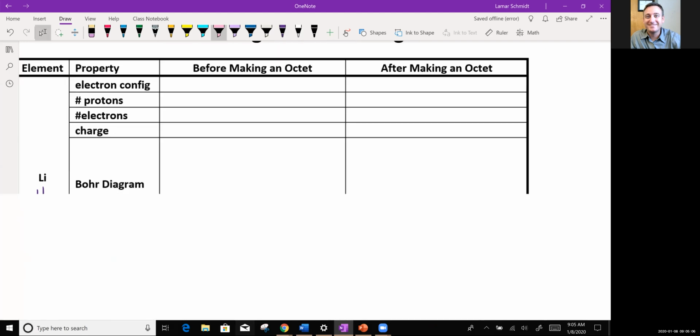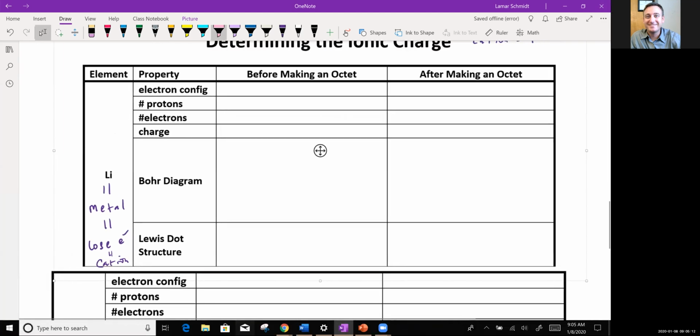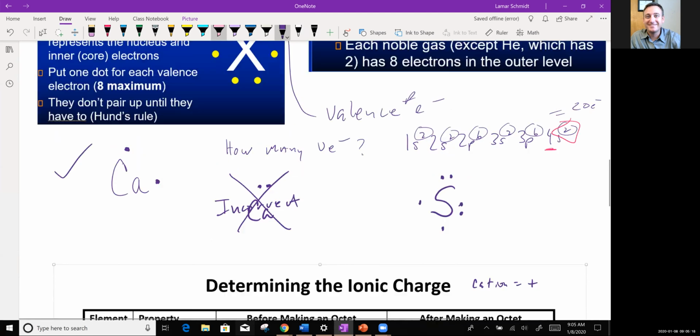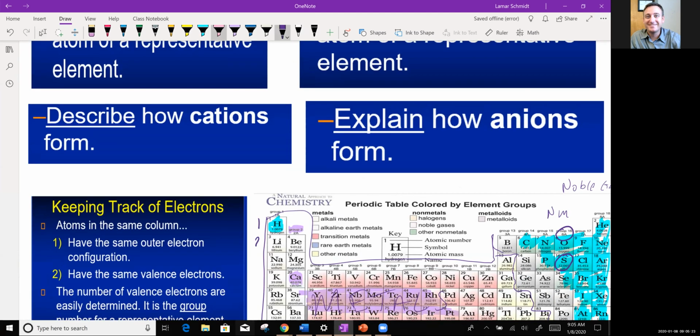All right. So you have to be able to write the electron configuration for this activity here. So the electron configuration for lithium, go to our periodic table, you can see that it's in energy level 2. There's 1, 2. It's in energy level 2, and it's in s1. So it's in 2s1.